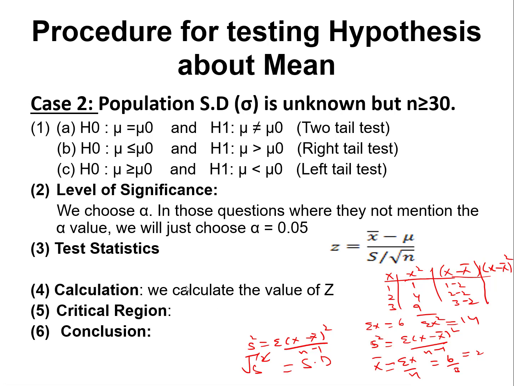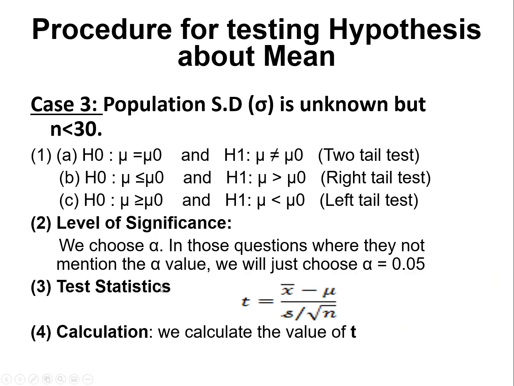I am approaching a new case, case 3, where the population standard deviation is unknown, but the sample size is less than 30. In such a scenario, in such an experiment, you do not need to use the Z statistic test. In this case we will use the student t distribution, so we will use the t test.